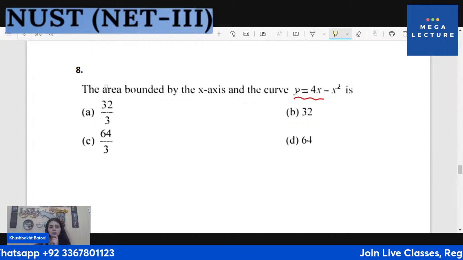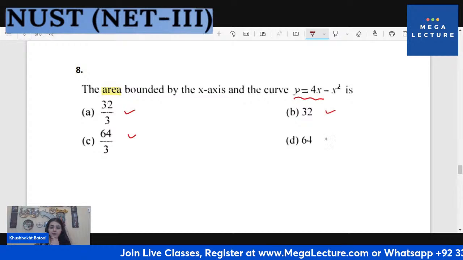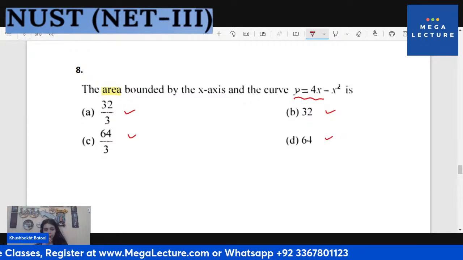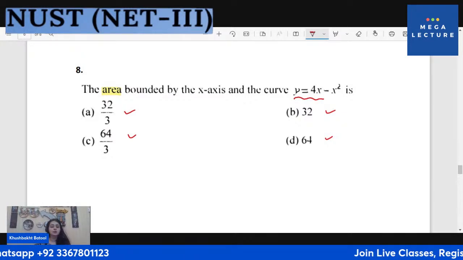Whenever the question is about area, we are integrating. But for that, you can see all the options are some proper values. We are going to find the definite integral in this case. For that, we need the limits. Okay. So for those limits, I need to think about those limits.